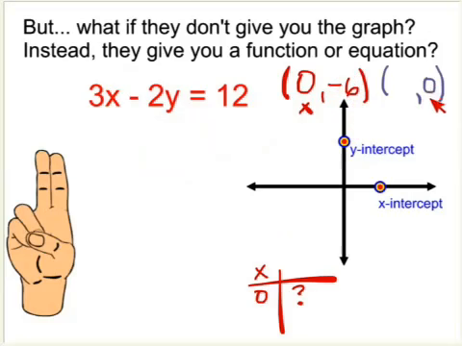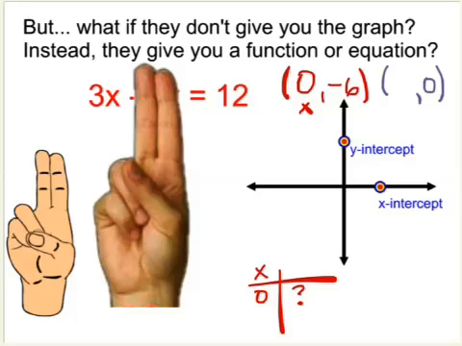So now we're going to set y to 0, and it's going to go in right here, causing this term to blow up and get covered up. So let's go ahead and cover that up. We have set y to 0, which caused this term to blow up, which is why we're covering it up. And what's remaining here is 3x is 12. Well, in our head we can divide both sides by 3.